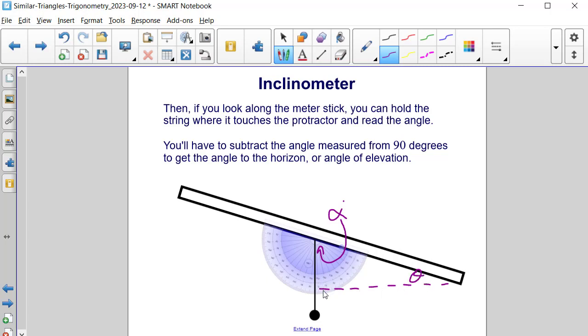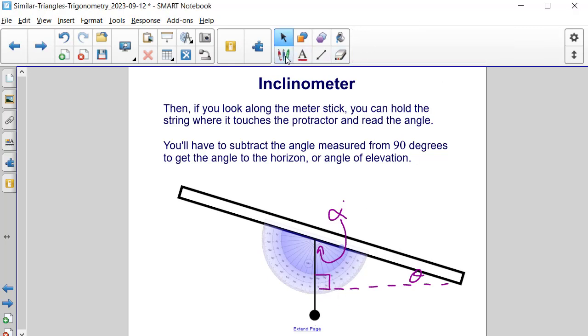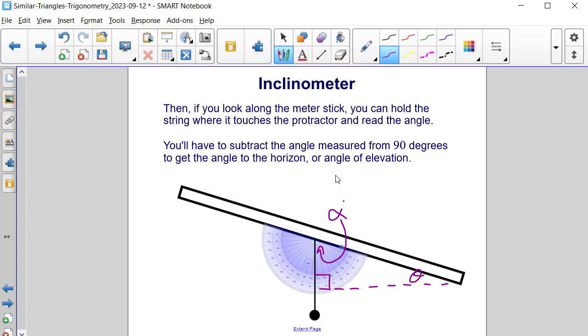And we have formed a right angle right in here by drawing the horizontal to the vertical string. So we have 90 degrees in here. And we know that the 3 angles of a triangle sum to 180. So we have that alpha plus theta plus 90 degrees is equal to 180.